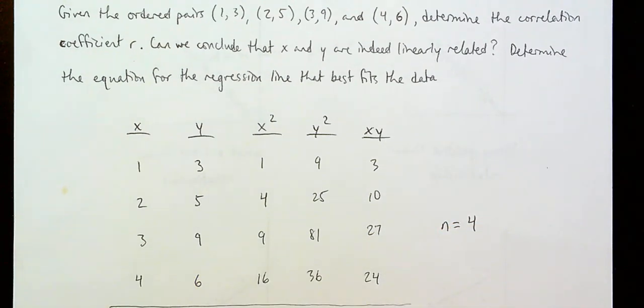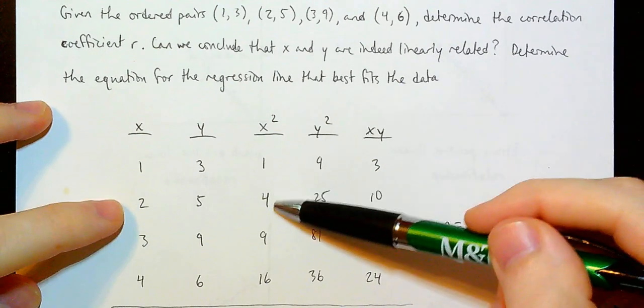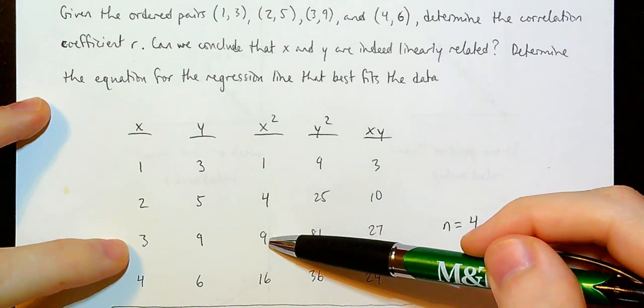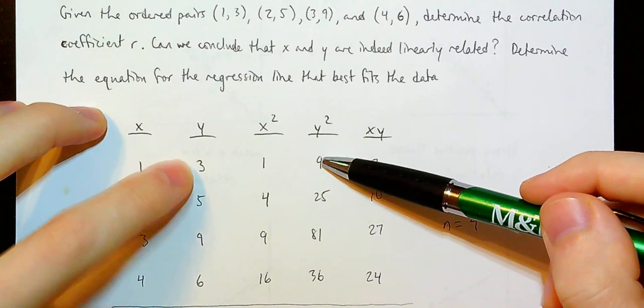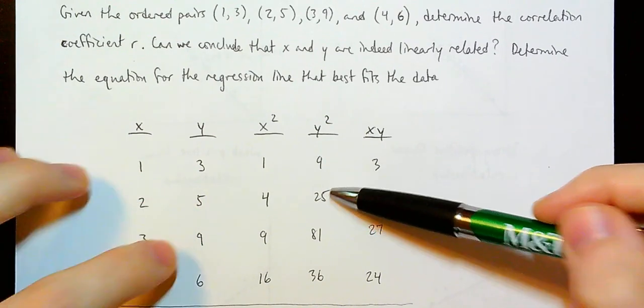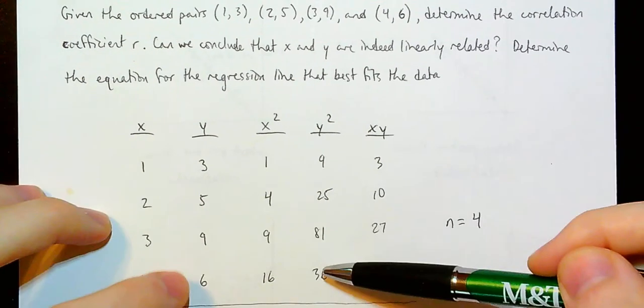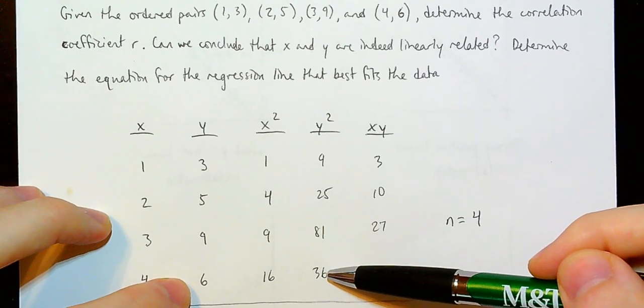And now we have x squareds, we have y squareds, and then we have the product of the x and the y value. So find each of those things. 1 squared is 1, 2 squared is 4, 3 squared is 9, 4 squared is 16, 3 squared is 9, 5 squared is 25, 9 squared is 81, and 6 squared is 36.